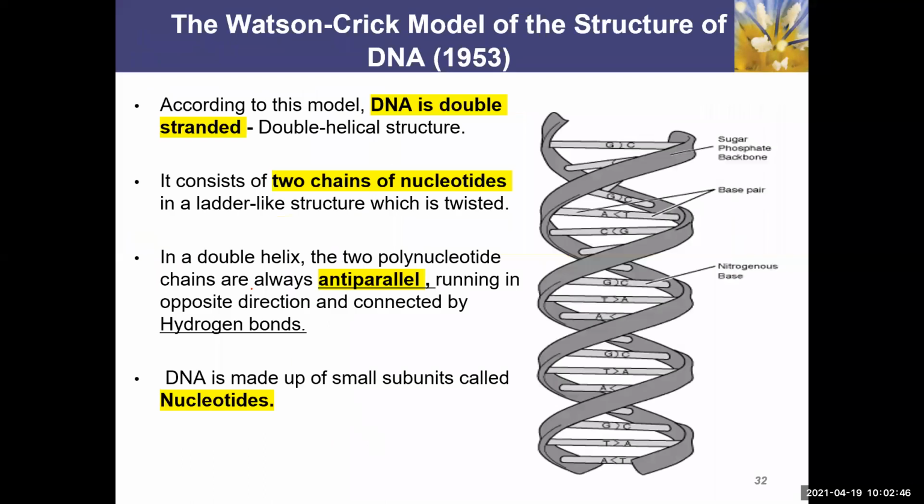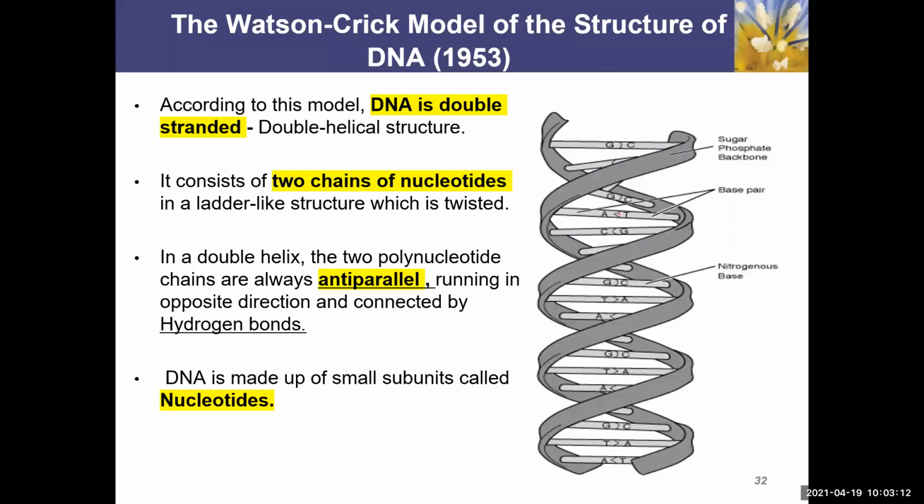Correct? Look at this. Watson and Crick gave us the model of the DNA, wherein they said that it's a double helix, and there are two chains of nucleotides which run anti-parallel to each other. That means they run in the opposite direction, with hydrogen bonds connecting the bases.